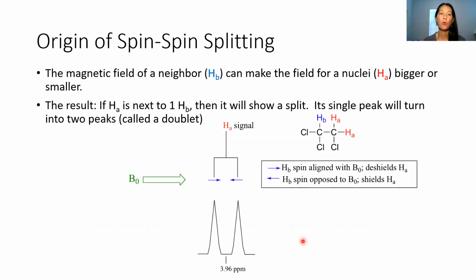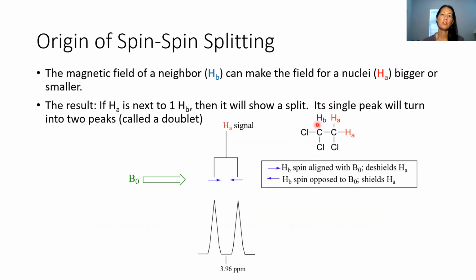Let me just tell you the origin of this. I don't need you to reproduce this, but I do want you to understand it. If I look at a molecule like this, and I'm focusing on HA, HA has a neighbor, HB.